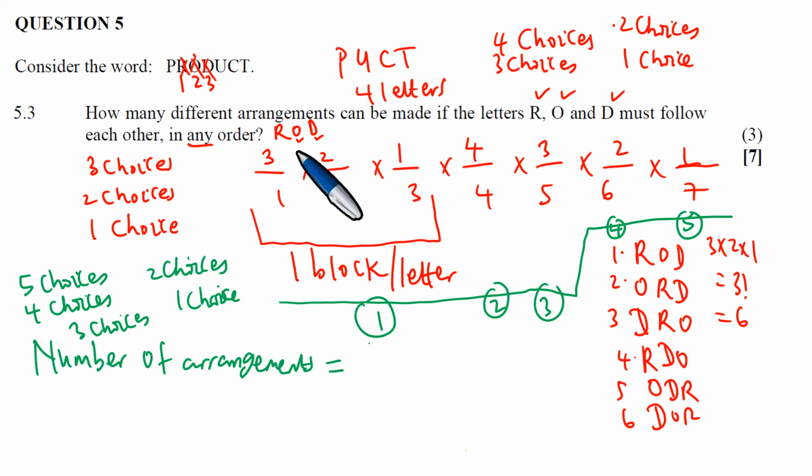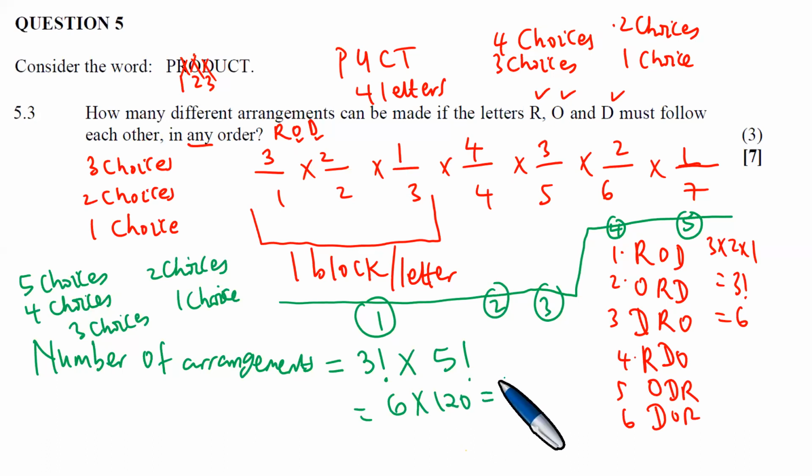Here is 3 factorial multiplied by 3 factorial for the ROD, and then you'd have 5 factorial for the 5 letters. So 3 factorial is 6, 5 factorial is 120. If you multiply everything, it becomes 720.